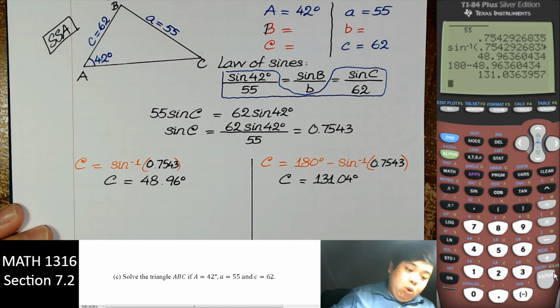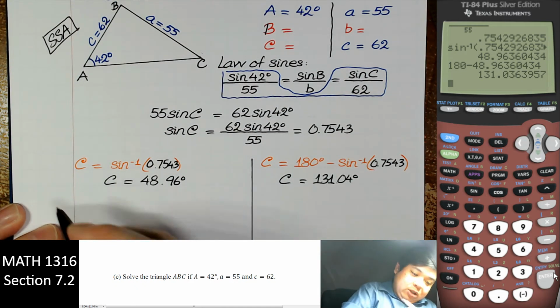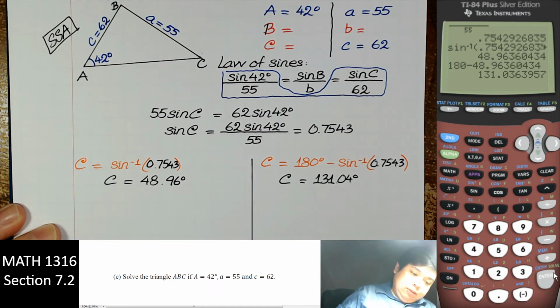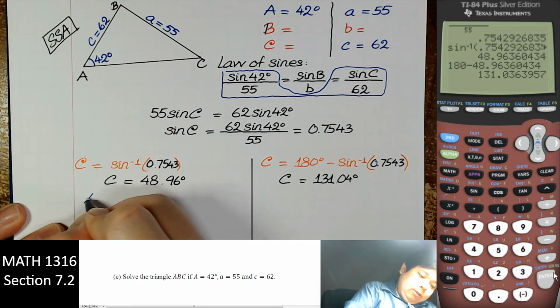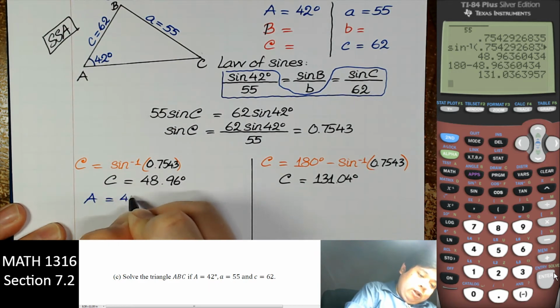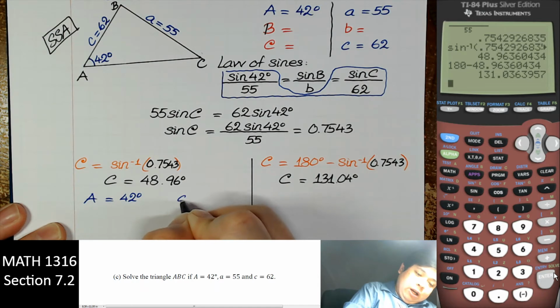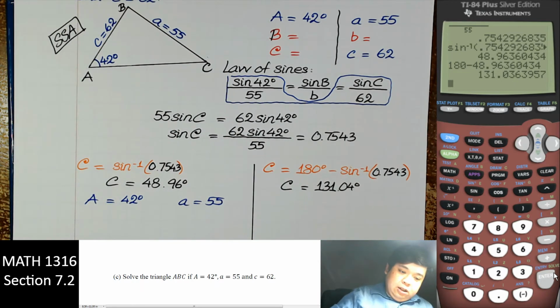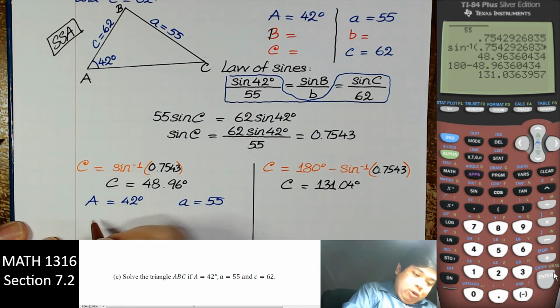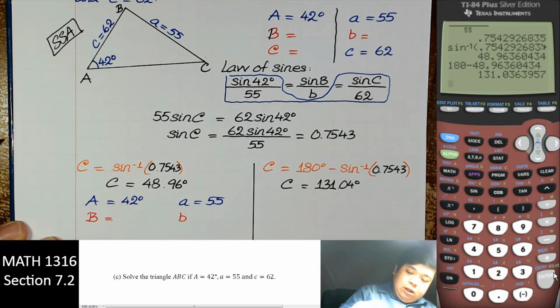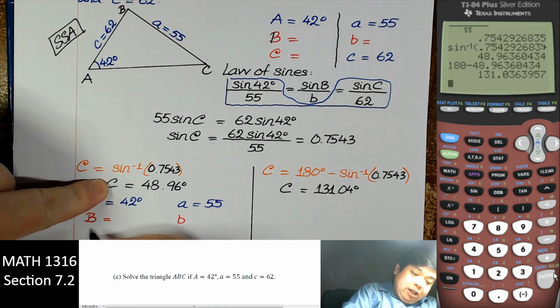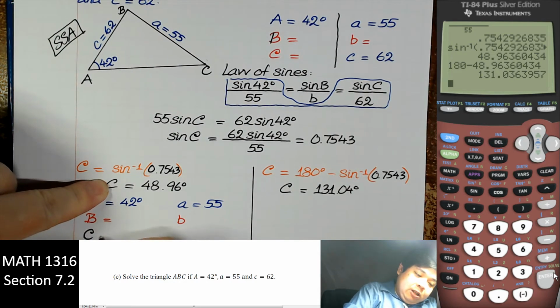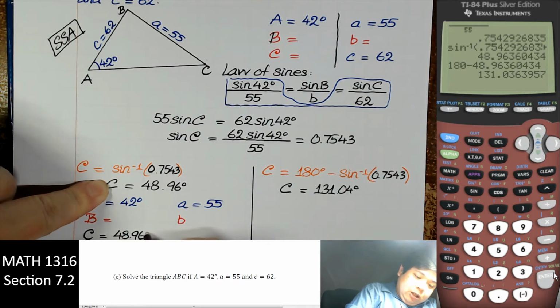Right. So what we have, once again, A is 42 degrees, little a is 55. We don't know B or little b. We just found out the big C is 48.96 degrees.